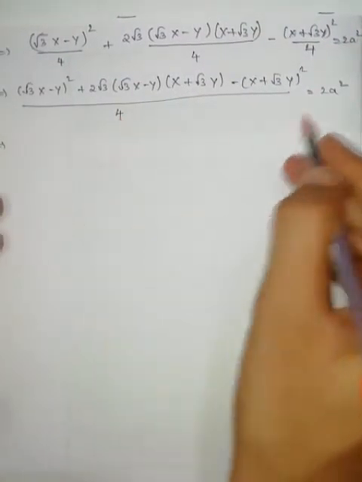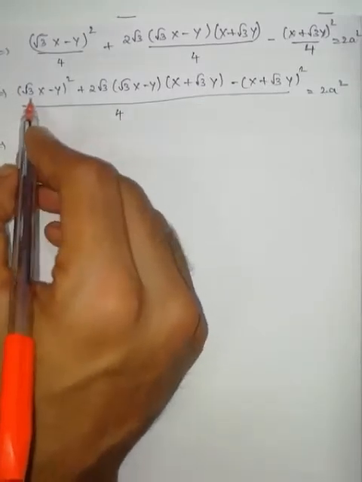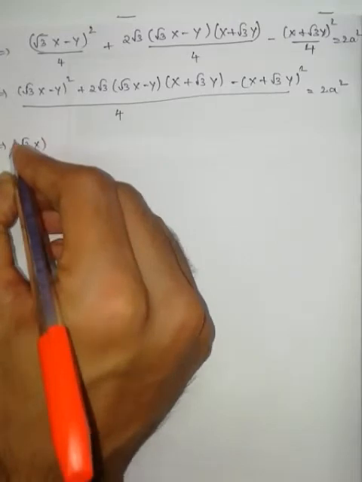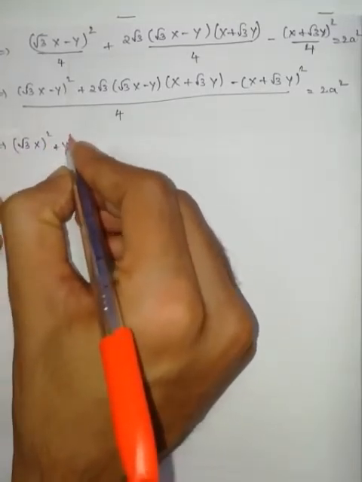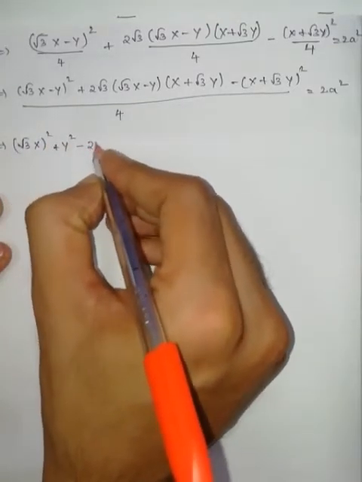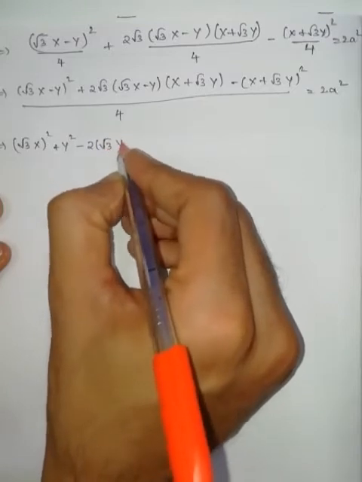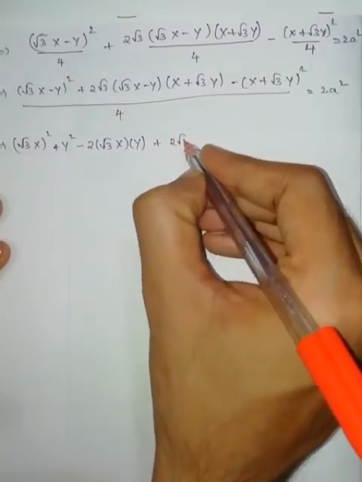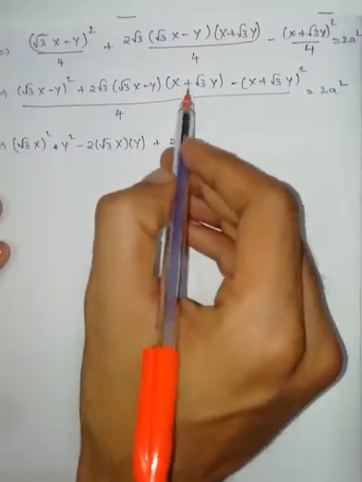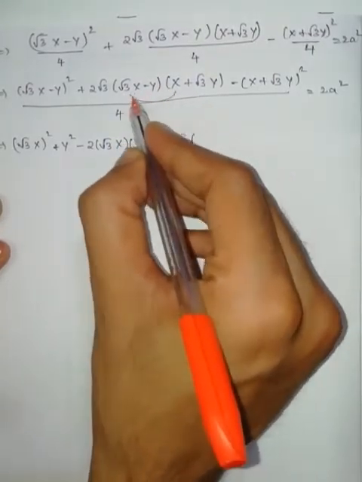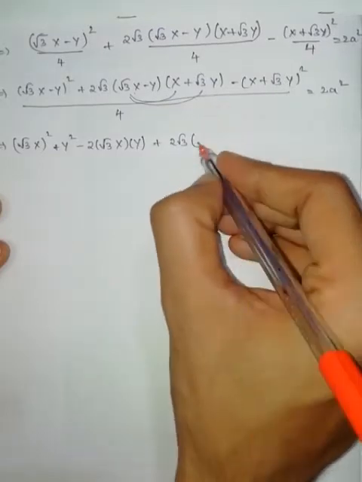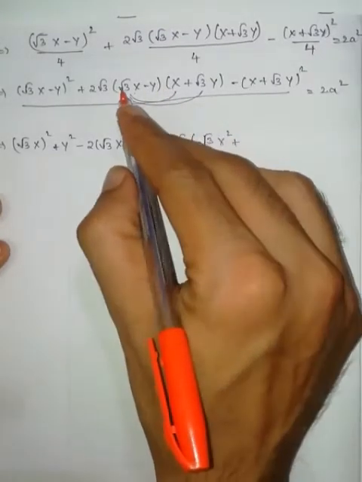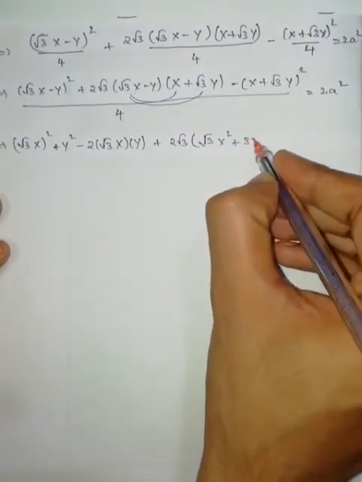Now send this 4 here and expand this. It is in the form of a minus b whole square: a square plus b square minus 2ab, plus 2 root 3. Now multiply this one into this one first: root 3 X square plus root 3 into root 3, 3XY.